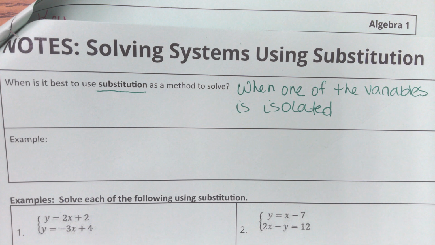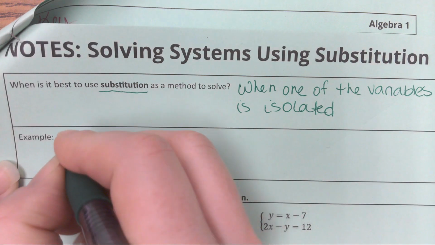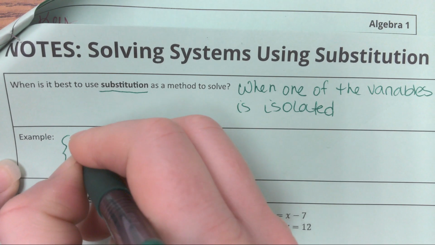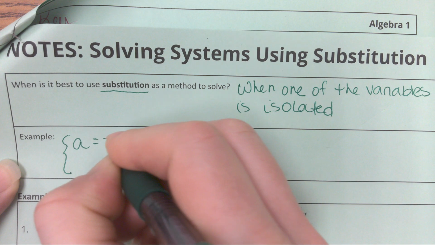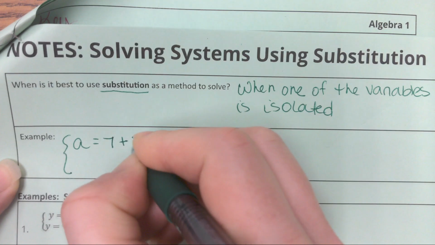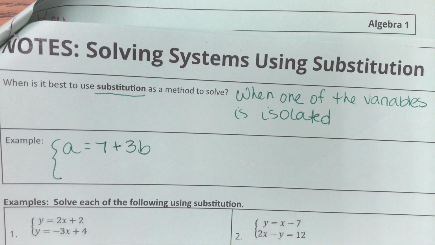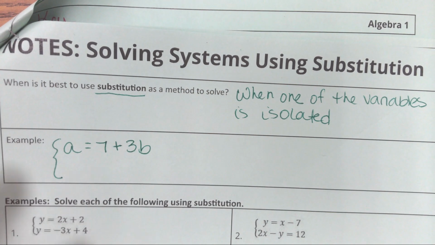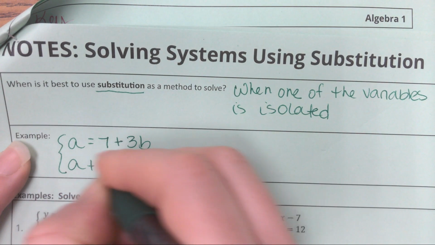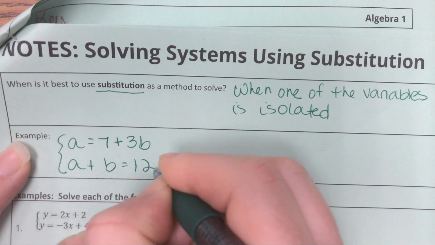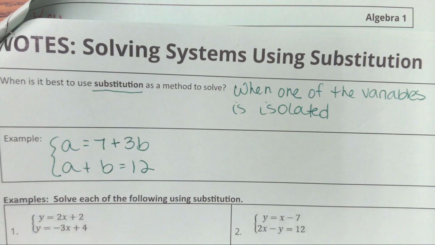Okay, for example, if I had A equals 7 plus 3B, and then I told you A plus B equals 12. So if I gave you a system like that, what's the variable that's isolated or alone?